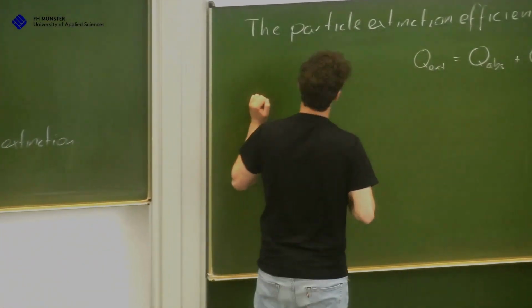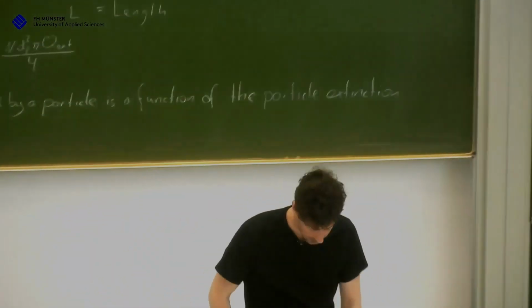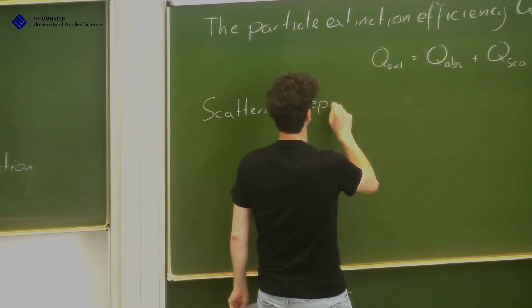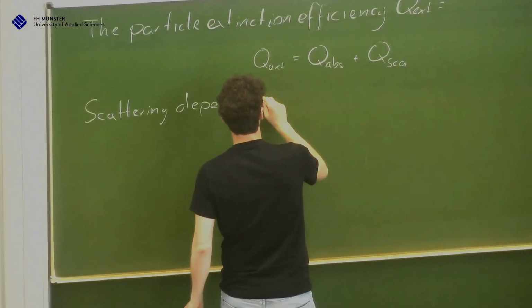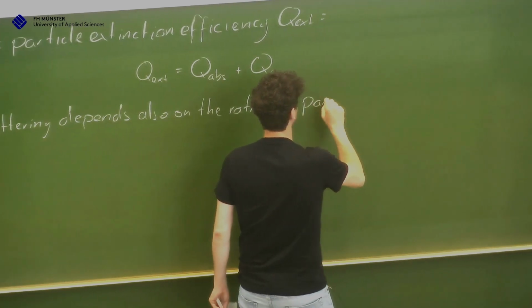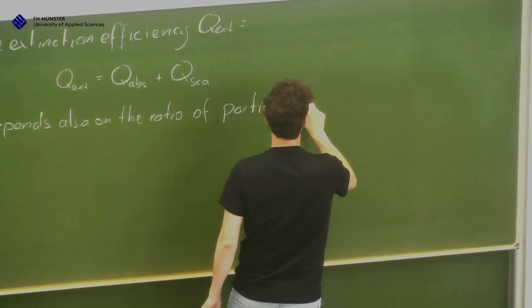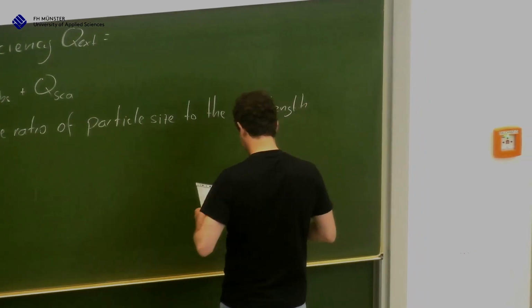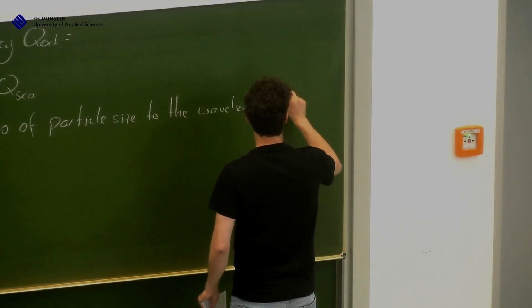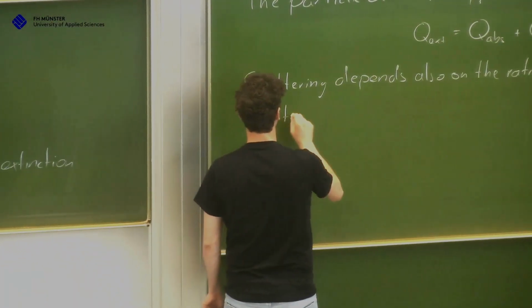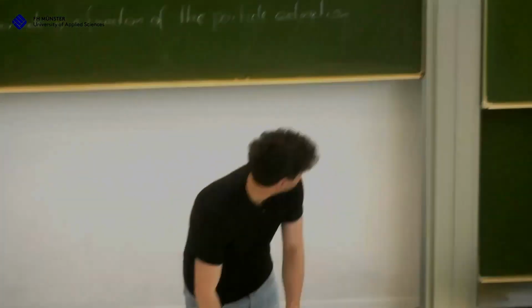And another one you will need is the so-called size parameter, and scattering depends also on the ratio of particle size to the wavelength, described by the size parameter alpha.